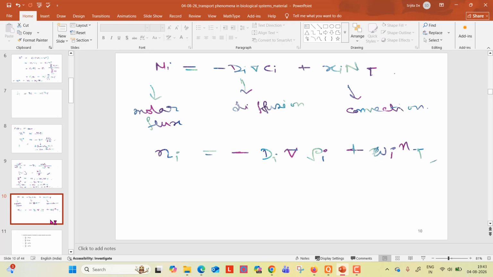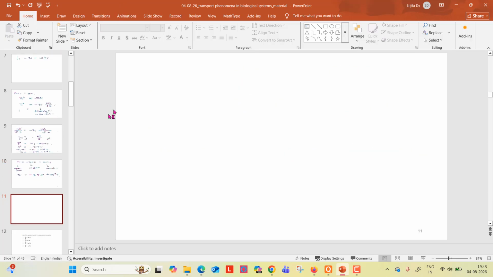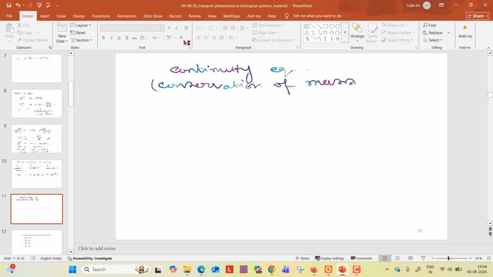Now, if you remember, this week we are also getting to know what is the continuity equation or conservation of mass. Right?